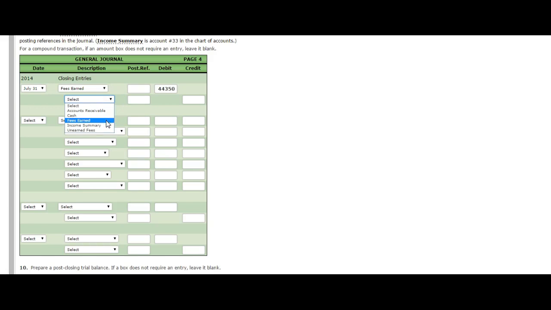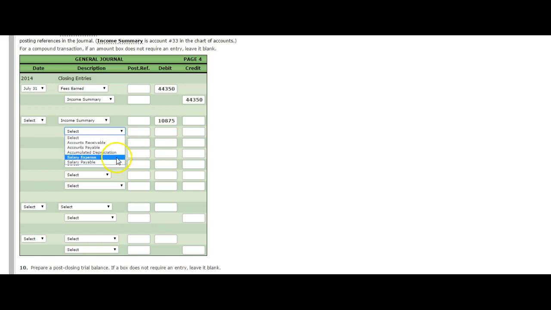The income summary was credited for 44,350. The next one was the income summary, debited for 10,875. And remember, I said you had to do each one of these separately.